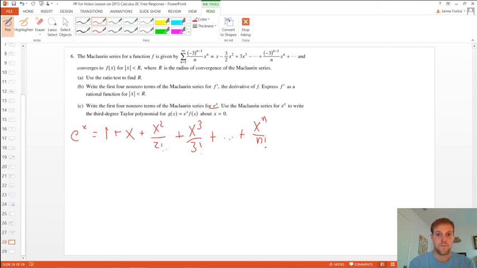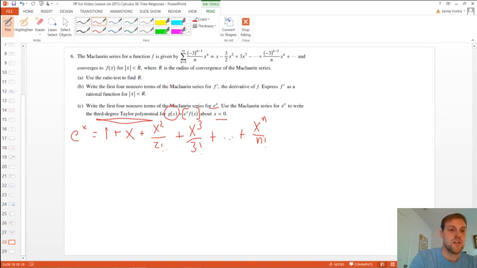Now, it says we're going to use the Maclaurin series that we just got to write the third degree Taylor polynomial about x equals 0, so really a Maclaurin series, for g of x. Which g of x we're going to say is e to the x times f of x. Okay?